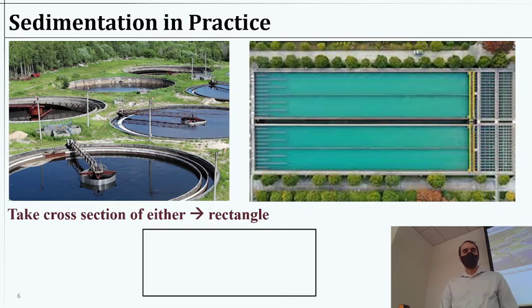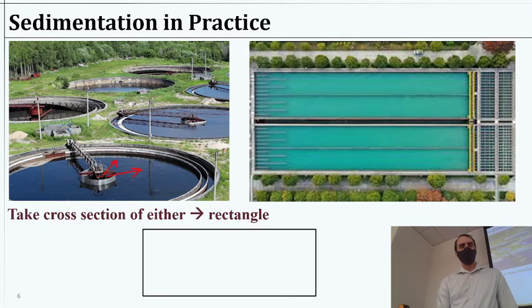But really, if you have a circular or a rectangular system, you can still look at a profile of how a particle will settle as it goes from your starting point to the ending point. In a circular clarifier, by the way, most of the time water will be spreading out from the center point.